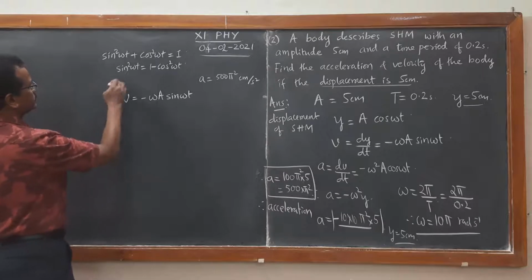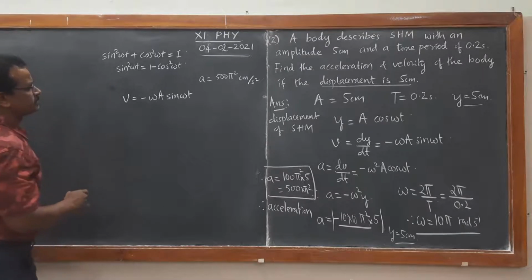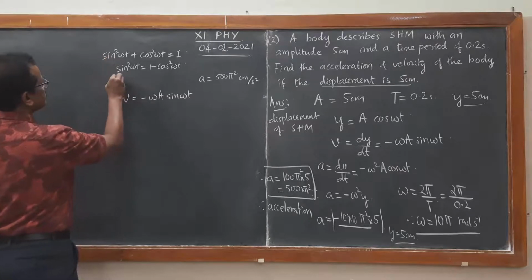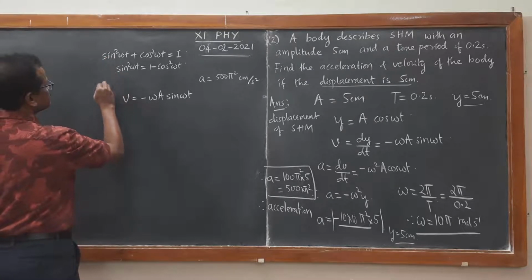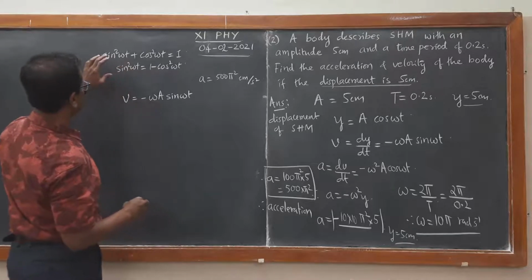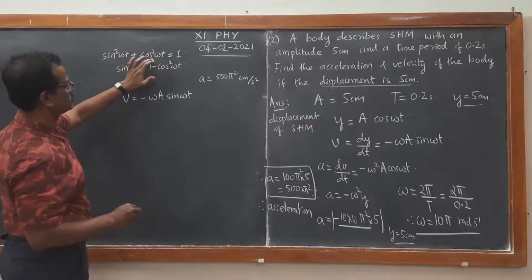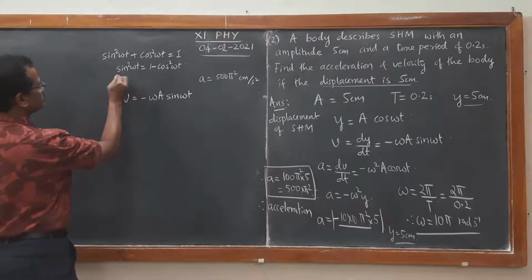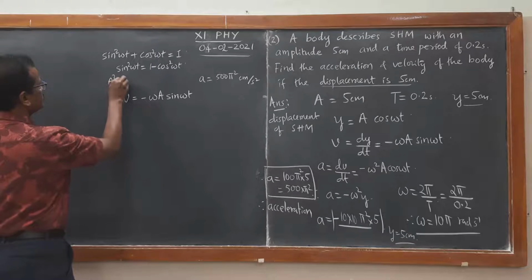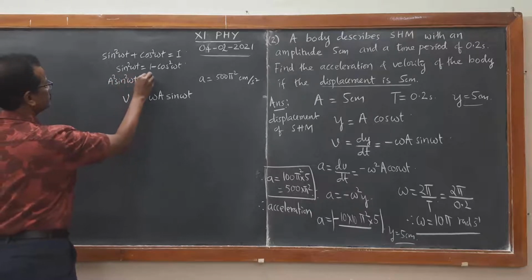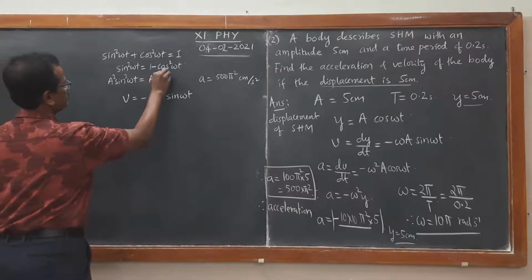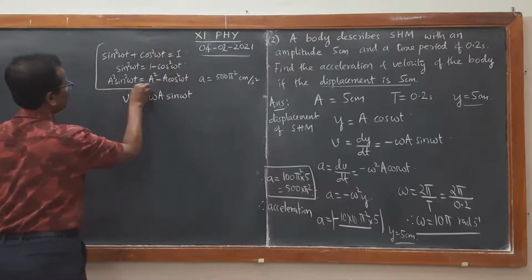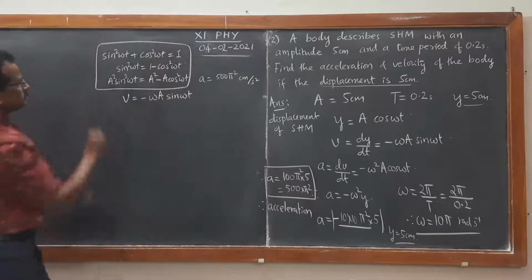If I multiply both sides by a square, then a square sin square omega t is equal to a square minus a square cos square omega t. So this is what I am going to use in this equation.